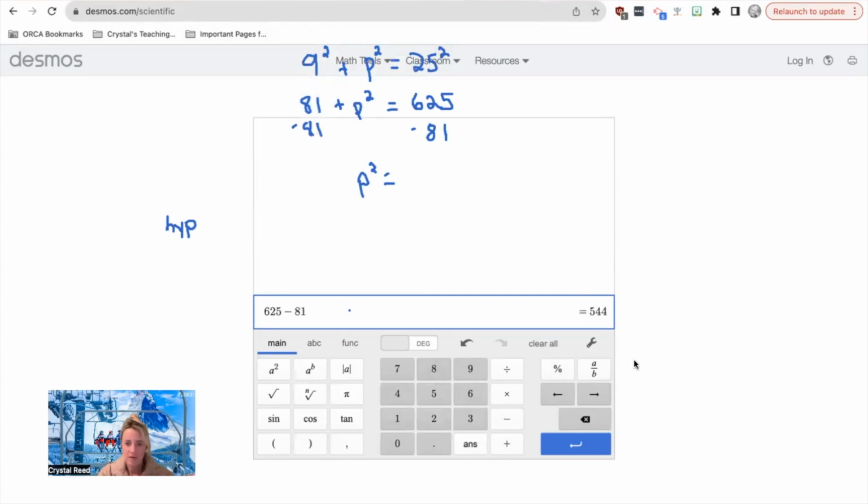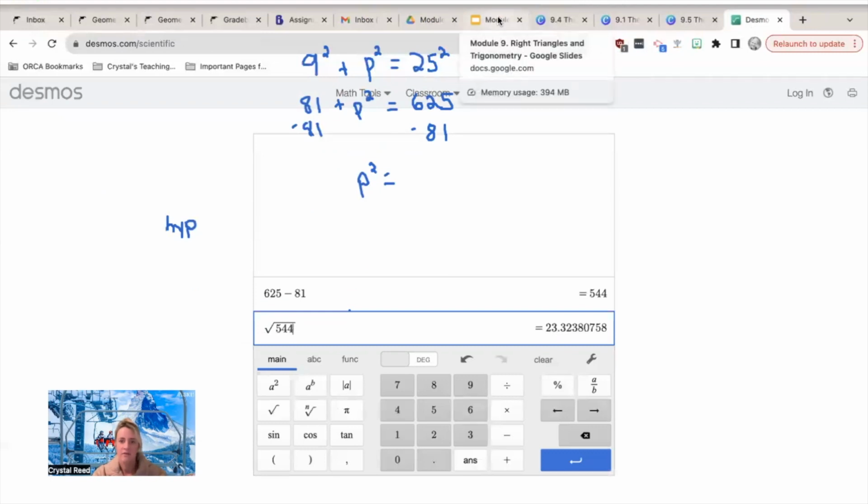That's 544. We're going to take that and just do the square root of it. Square root of 544. And 23.3 is our value for that p.